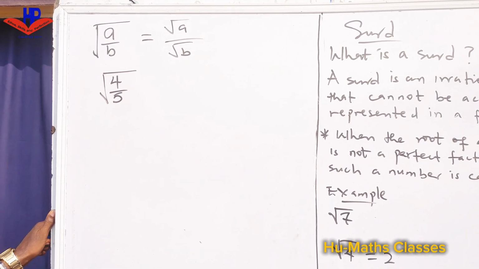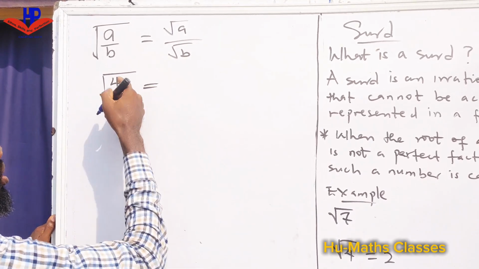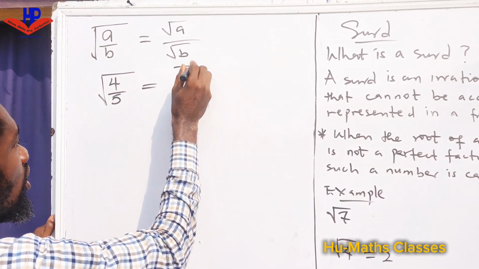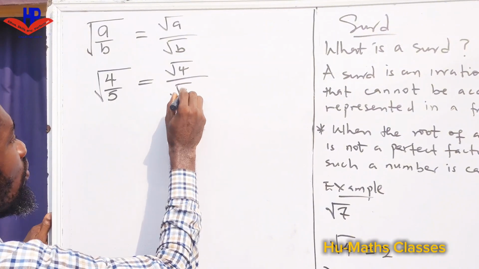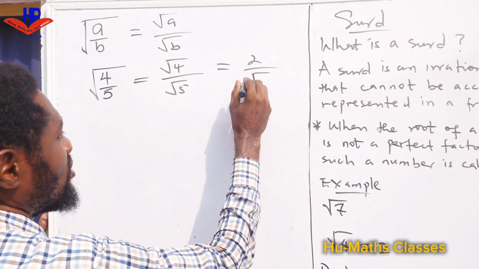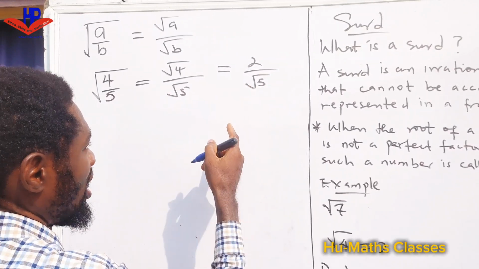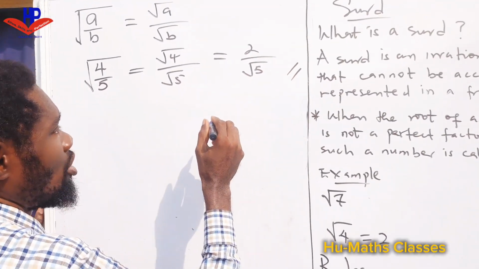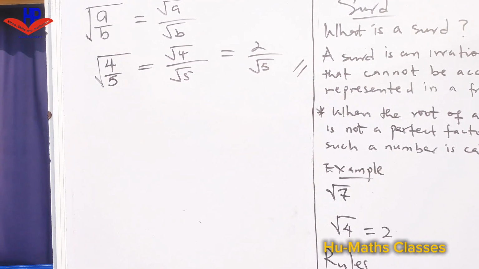Root of 4 divided by 5, we can express these two numbers in their different sod form as root 4 over root 5. Root 4 will give us 2, and root 5 will not give us a perfect root, so we'll keep it as root 5. So our final answer will be 2 over root 5.